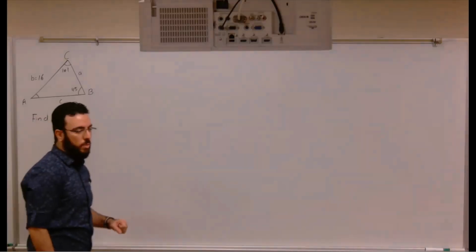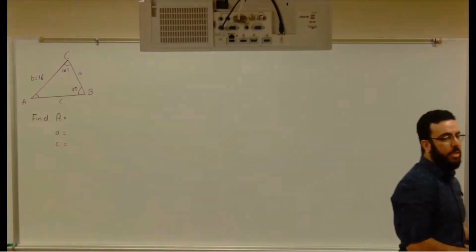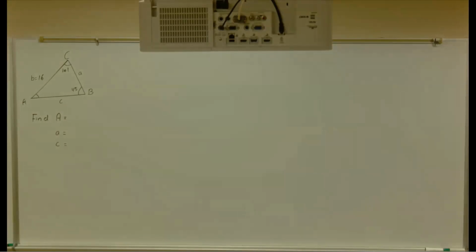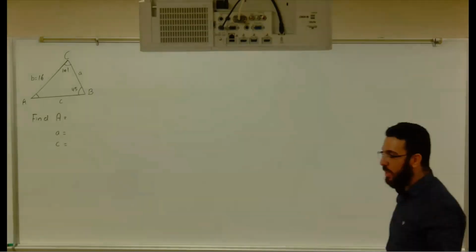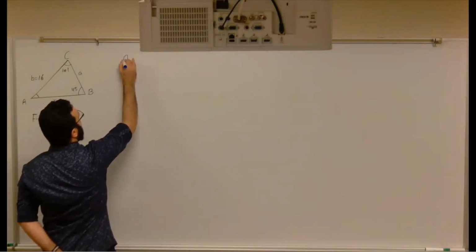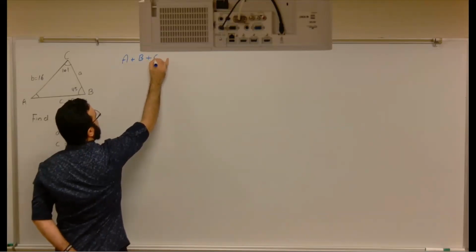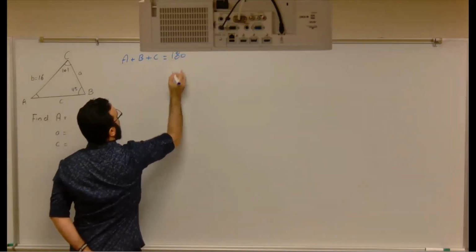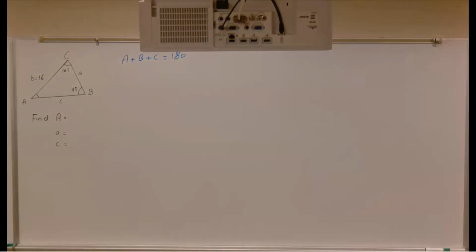Now I'm going to ask you: for any triangle, the sum of the angles equals what? 180. Keep this in mind: always, A plus B plus C equals 180. Does that help us find the missing angle? Now it's easier.